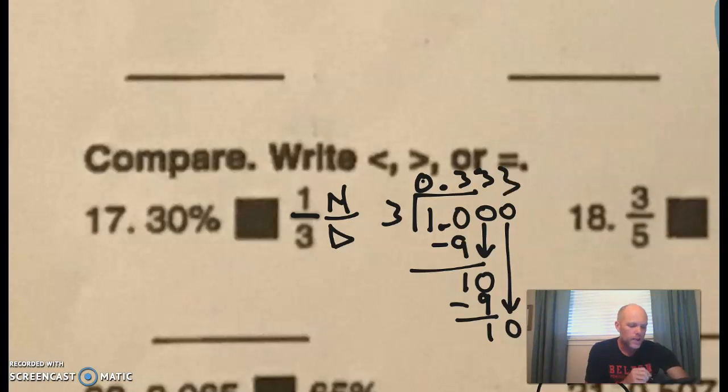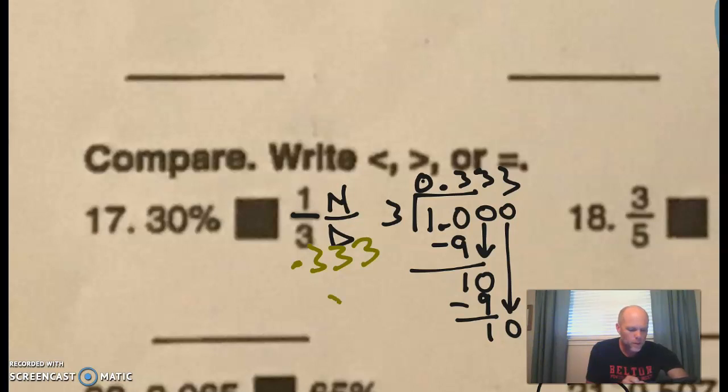Remember, let's make it into a percent so it's easily comparable. I'm going to use a different color so we can see it. I'll write it right here. 0.333. How do we change that very easily to a percent?